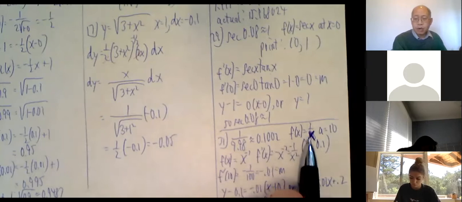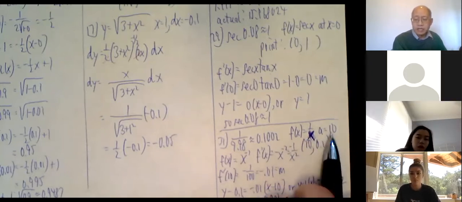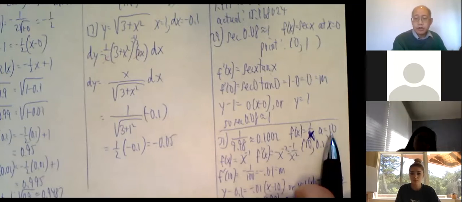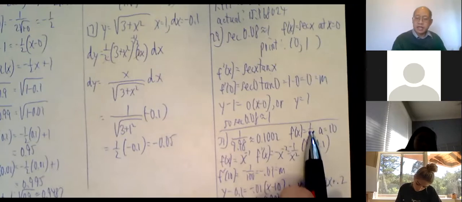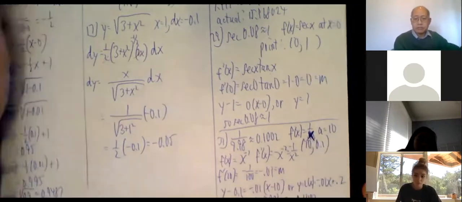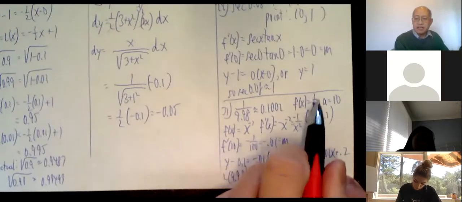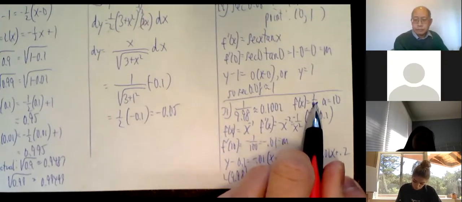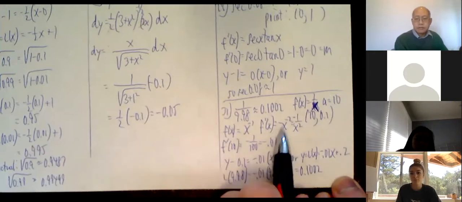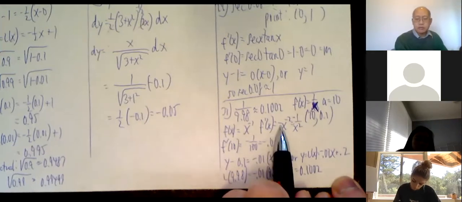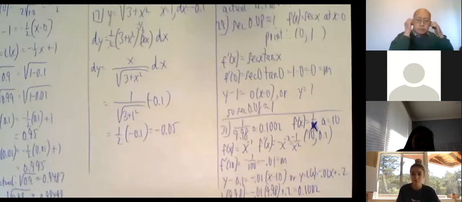So f of x is equal to 1 over x. Function is 1 over x, and we're near a equals 10. So we're going to use a linear approximation, which is the tangent line essentially, but write it as a function. So f of x is x to the negative 1. What is the derivative of x to the negative 1? Negative x to the negative 2, which comes out to be negative 1 over x squared.